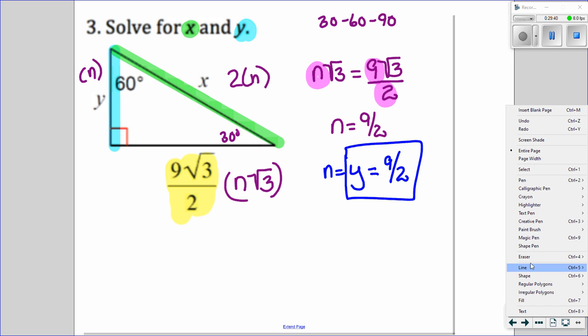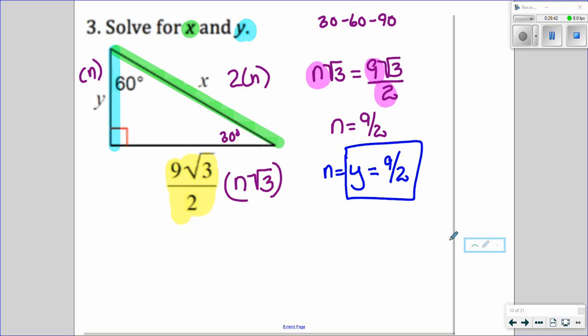And then our x is 2n. Our x is 2n, and we have found n to be 9 over 2. So 2 times 9 over 2. And you know that the 2's will cancel out because there's one on top, one on the bottom. So that'll leave us with 9. So our x is equal to 9.